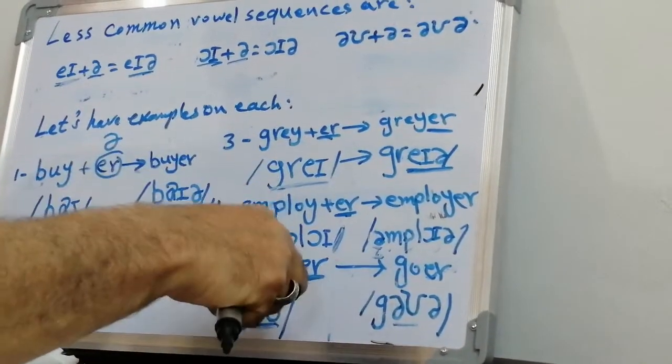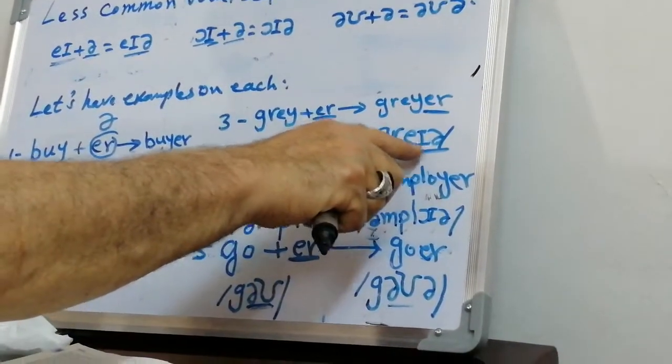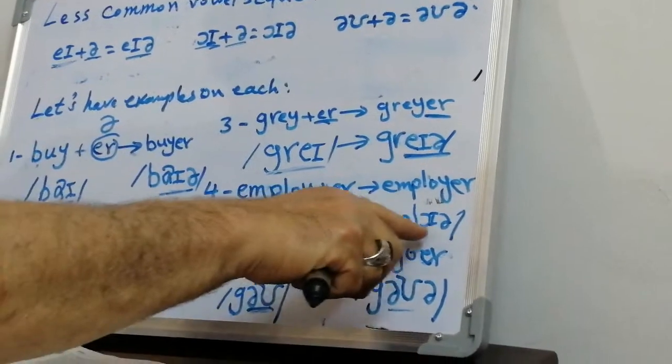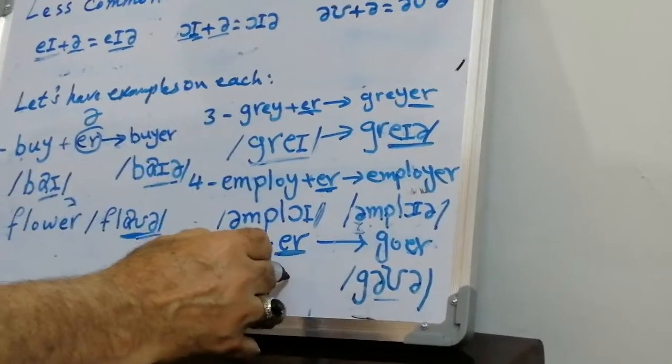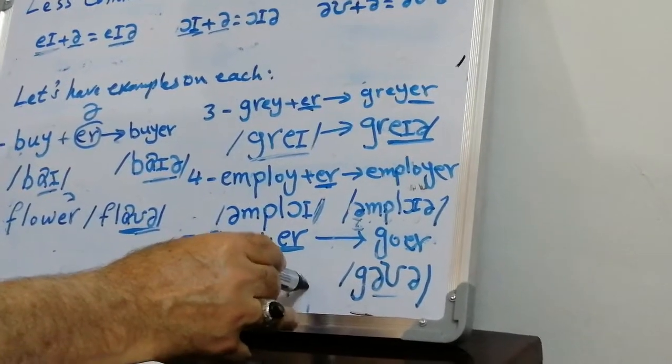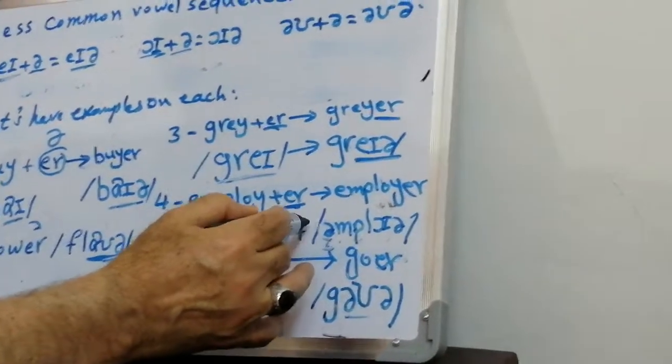The less common triphthongs are "ay" plus a schwa, "oi" plus a schwa, "oya", and "eu" plus a schwa, "goer". "Employer" is "oi" plus a schwa.